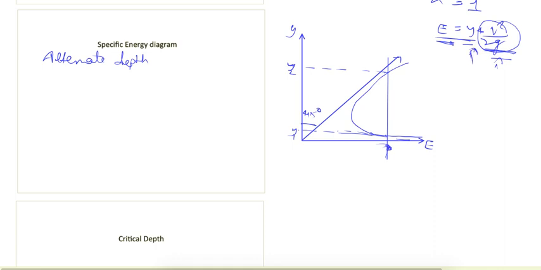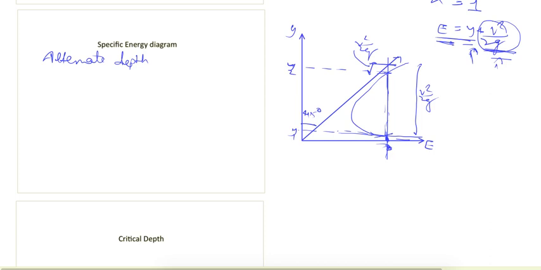We can see it from the graph also. If this is the flow depth, then the remaining height represents the velocity head, and in the other case, if this is the flow depth, then this smaller height represents the velocity head. So we can have two values of depth for one specific energy.